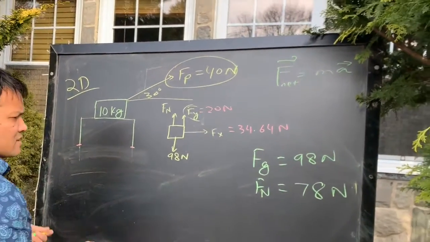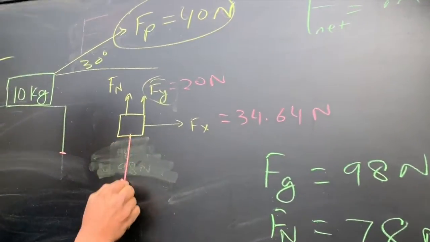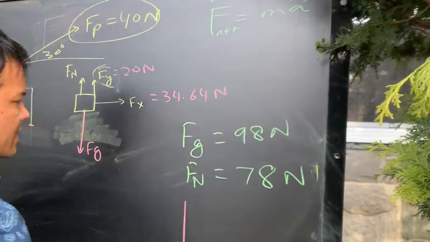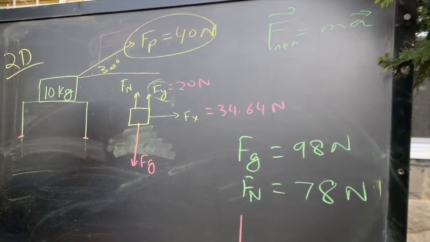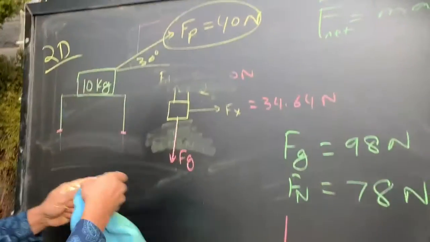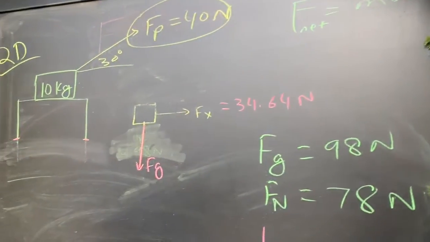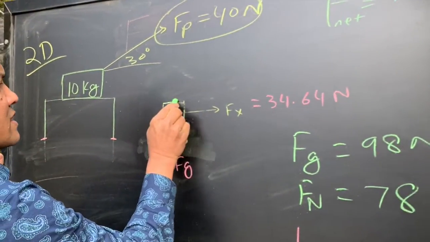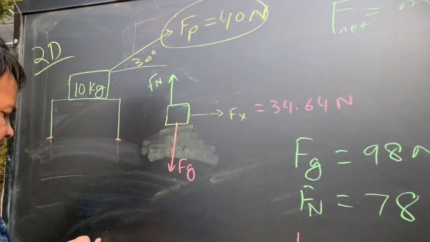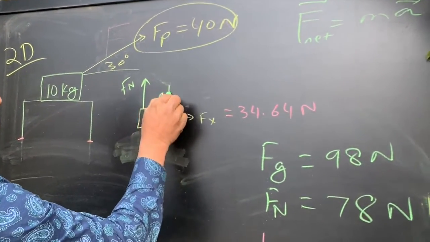What does that mean? Let's do vector analysis. The biggest vector would be the weight vector, Fg. Then the normal force is the second biggest vector, so Fn, and then the next vector is, of course, Fy.